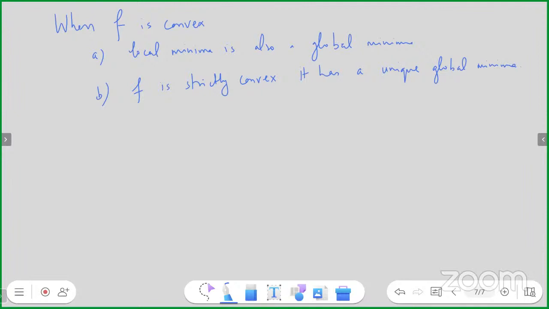Okay. But is it okay to pull down one point? No, right? That won't make it strictly convex. What kind of operations do you have to do to a constant function to make it strictly convex?